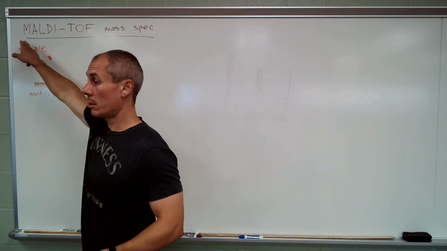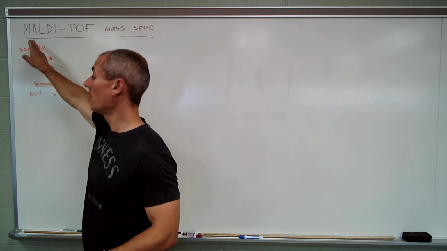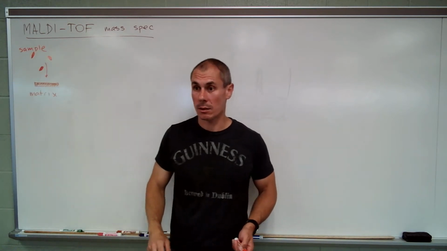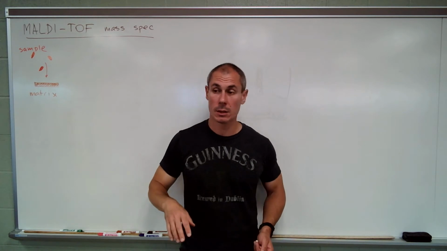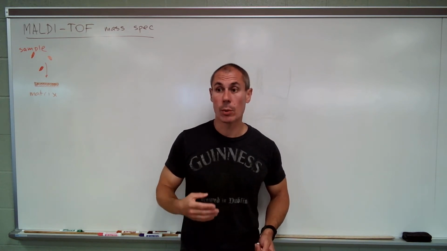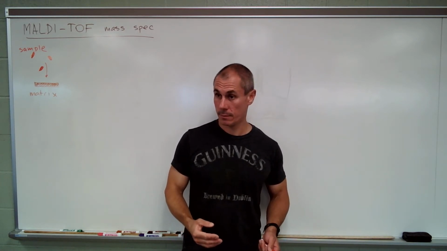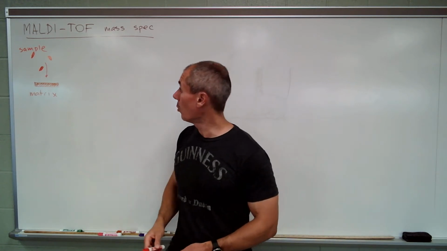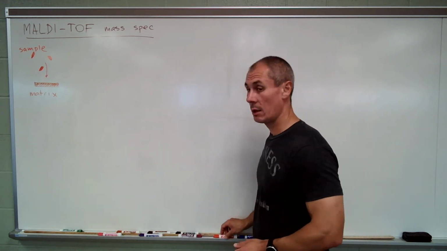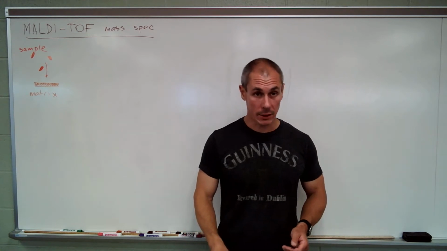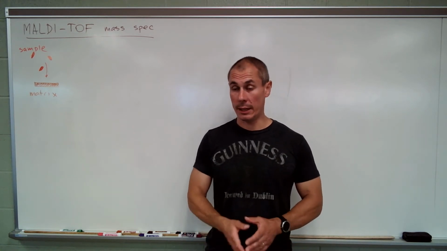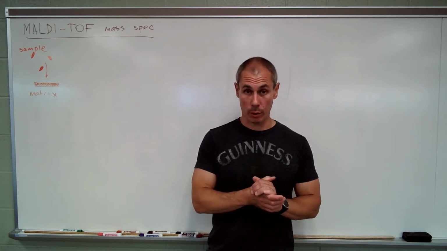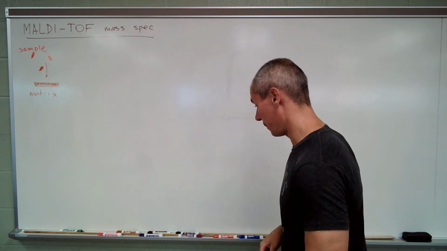So M stands for matrix, A stands for assisted. So matrix in this case serves as a helper. So matrix assisted. Okay? Now what is LDI? L stands for laser, D and I stand for desorption and ionization.